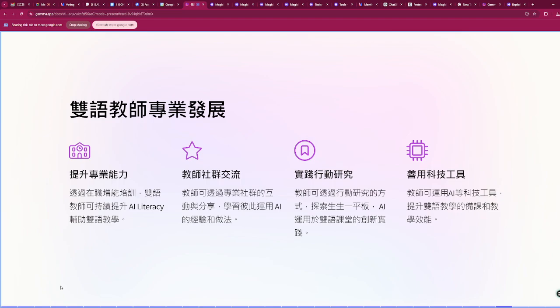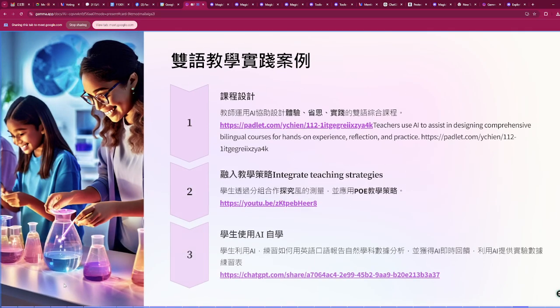So I think MagicSchool for students is a good topic that we could all explore, how that would help students learn as well, not only promoting teachers and professors to use AI, but also having students try out AI in helping them learn. Okay, so that's it.